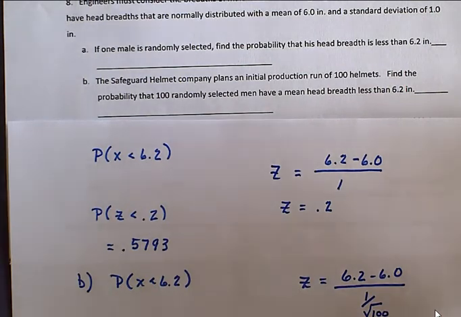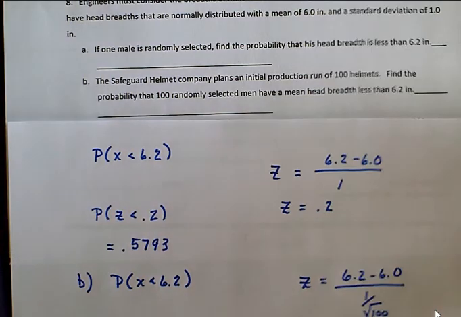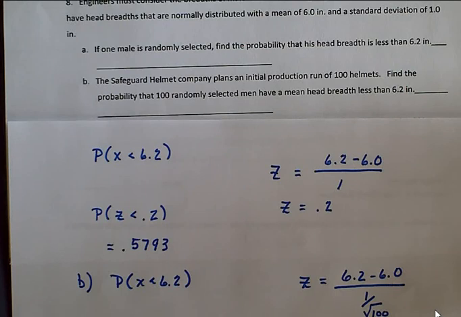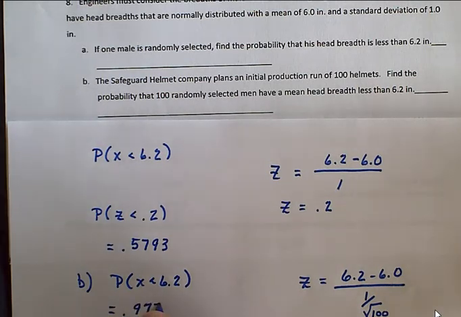So 0.2 on top divided by 1/10 on the bottom. I get a z-score of 2 this time. Looking that value up, I get 0.9772.